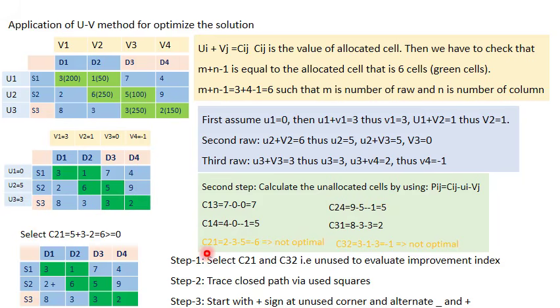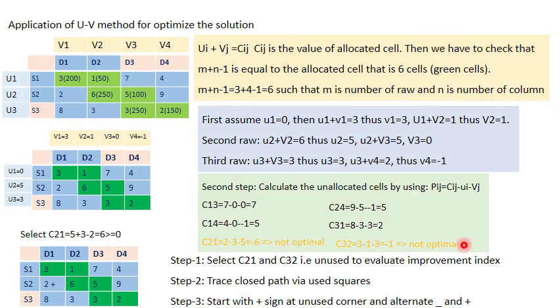And the result for C21, means second row, first column, and C32 is this one. These two results are negative, which indicates that it is not optimal.